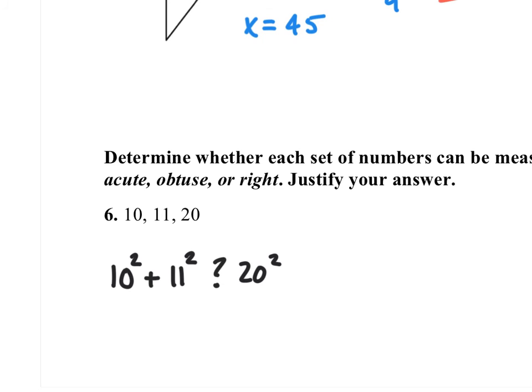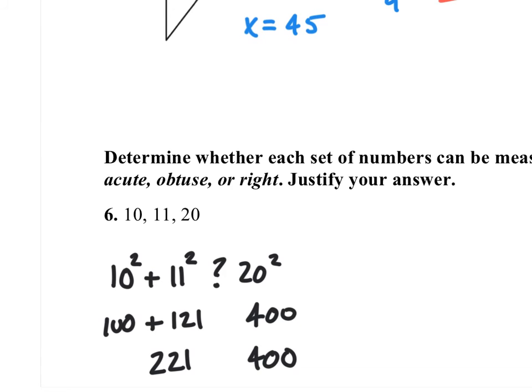If I take 10 squared, it's going to give me 100. If I take 11 squared, that's 121. And then 20 squared is actually 400. Okay, if I take these two numbers and add them together, 20 squared, let me just verify that, that is 400. This gives me 221 and 400.